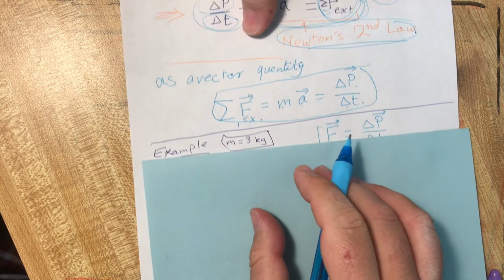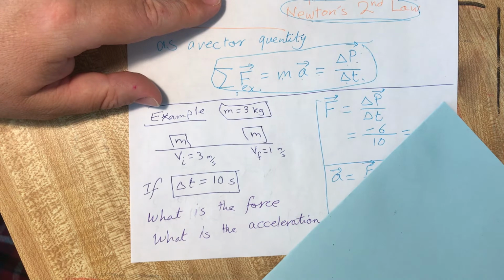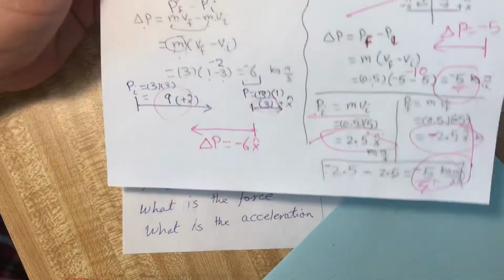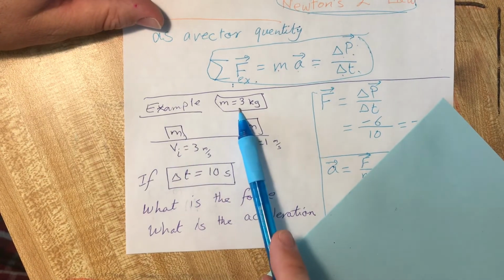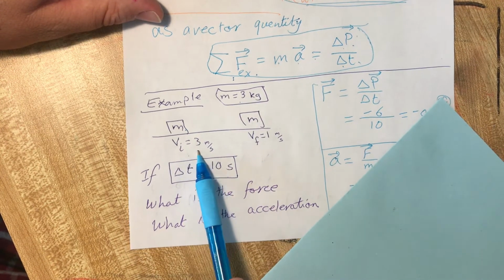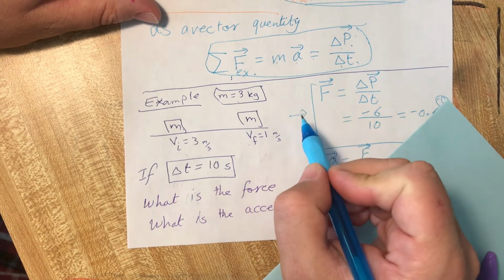Okay, let us get back to the previous example when we computed the change in momentum for a moving body. The mass is 3 kilograms, the initial velocity is 3, and the final velocity is 1 in the positive x direction.